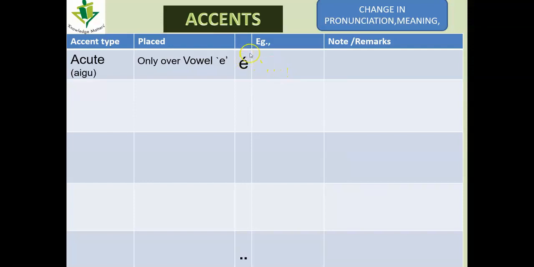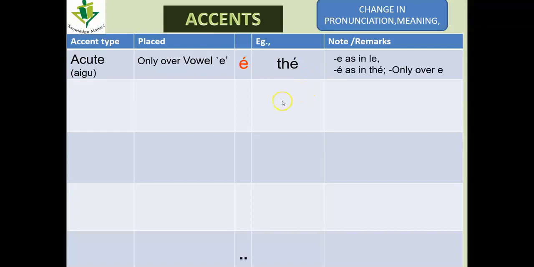When we put the acute accent, it becomes A, just like in thé. E without an accent in French is pronounced as E. E with an acute accent in French is pronounced as A. And the acute accent comes only over the vowel E.